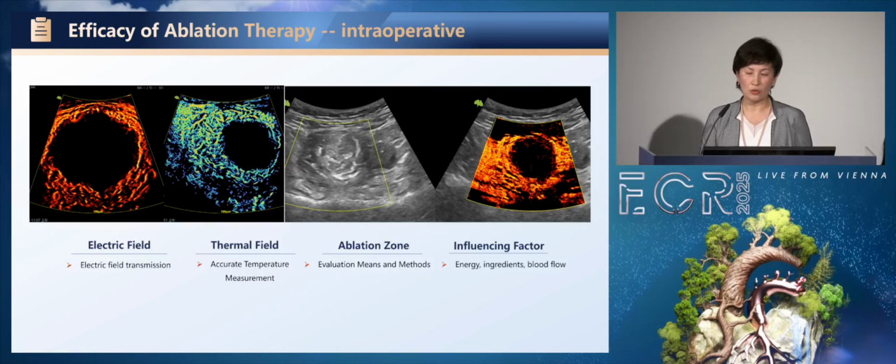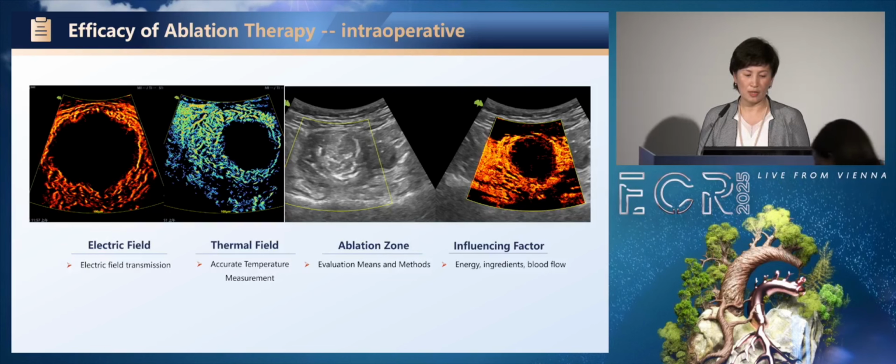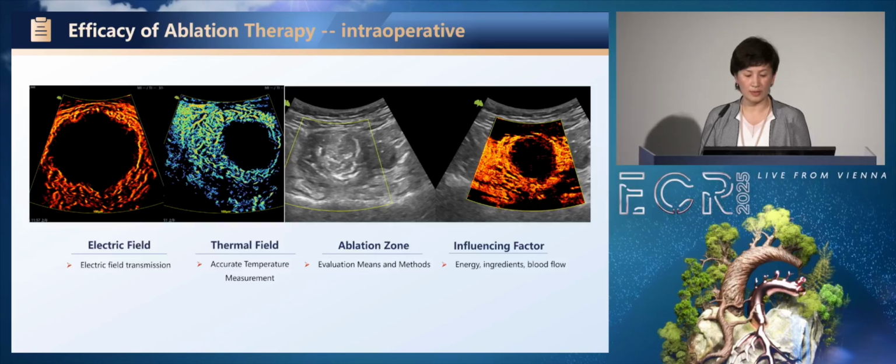So we also want to estimate the range from the bubbles, but use the URM, because the bubbles are not flowing, so they should not be tracked to display the vessel structure and architecture. We use this method and find that during the intraoperative period, there is no flushing of the bubbles. So we can know the exact border of the lesion.